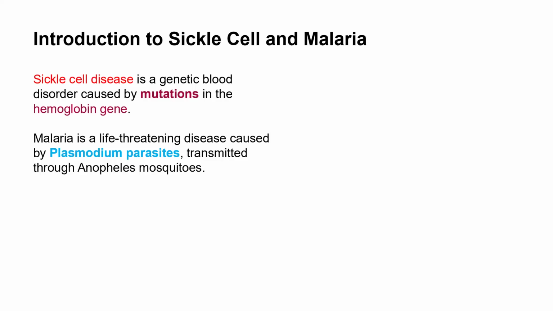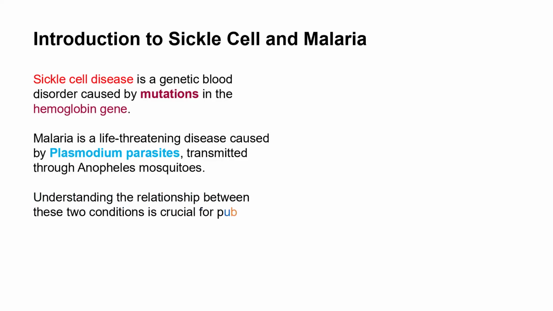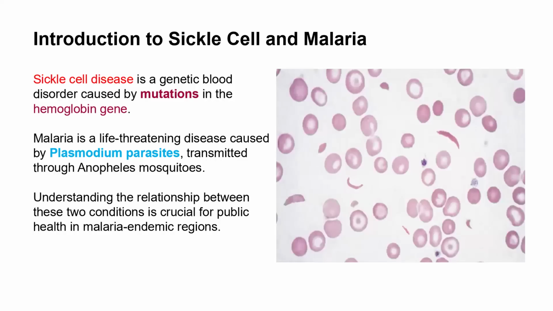But Plasmodium falciparum is the most deadly and the most frequent parasite found in Africa that causes malaria, especially in Nigeria. So understanding the relationship between these two conditions, sickle cell disease and malaria, is crucial for public health in malaria endemic regions.